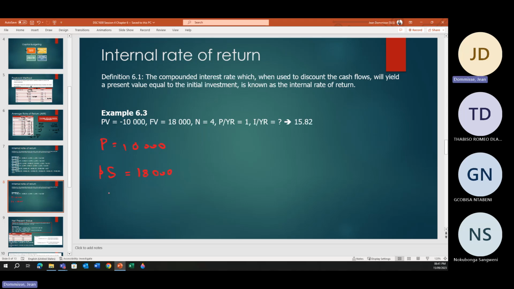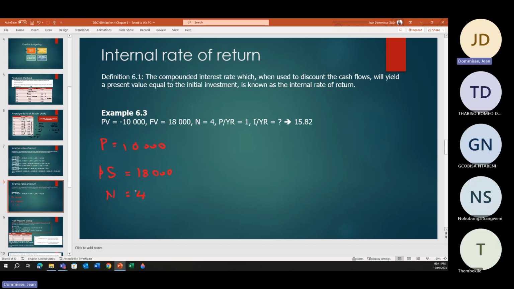They tell us that it is invested for 4 years. And then they also tell you that it is invested yearly, so that we know that it is one time per year and not 12. And then they ask you, what is your internal rate of return?